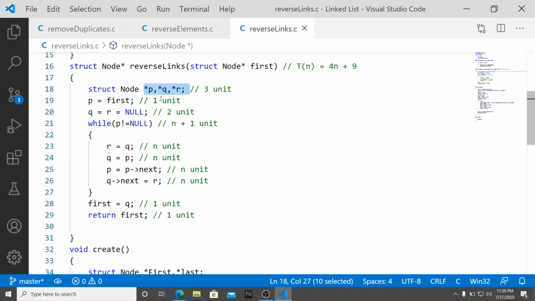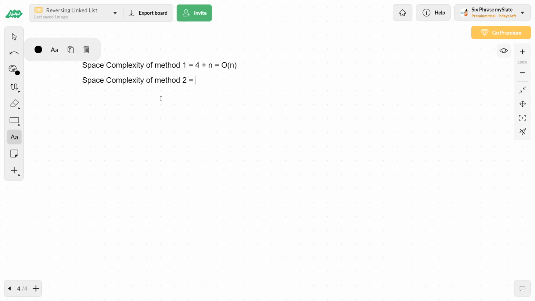No. Even for input 10, 4 units of space. Input 1000, 4 units. Input 10,000, 4 units. 1 lakh, 4 units. So it is not going to change. It is a constant value. So the space complexity of method 2 is only 4 units, which is order of 1, constant space.